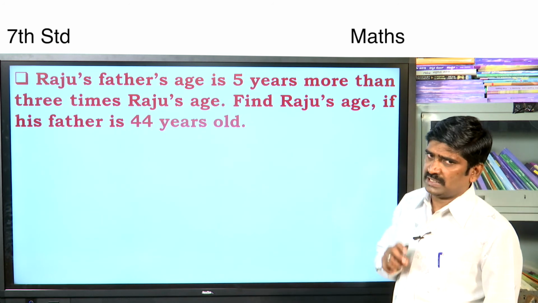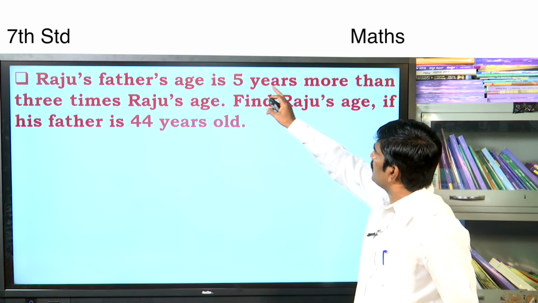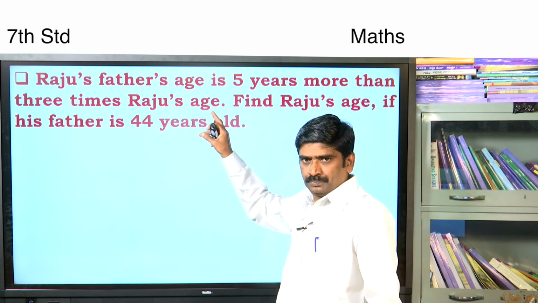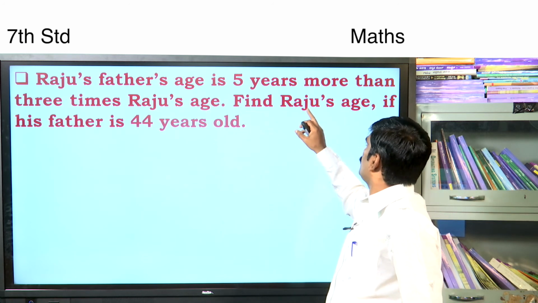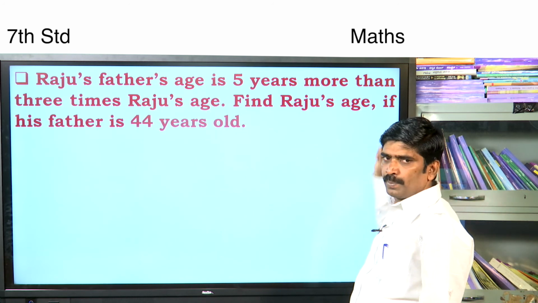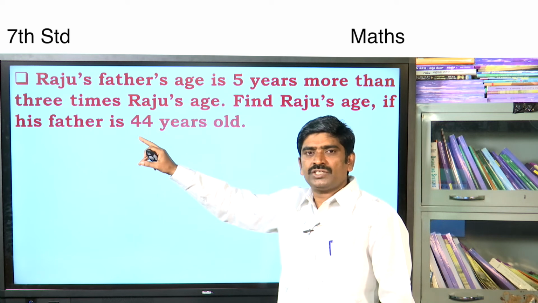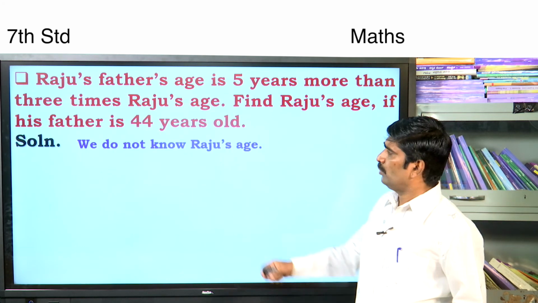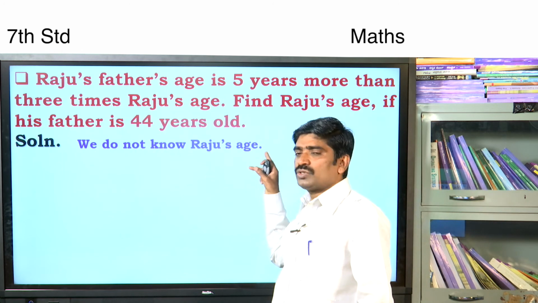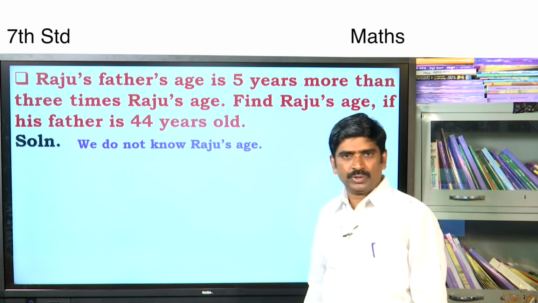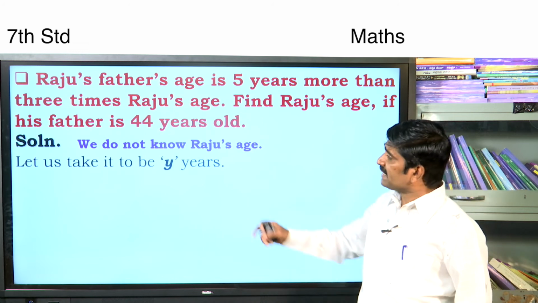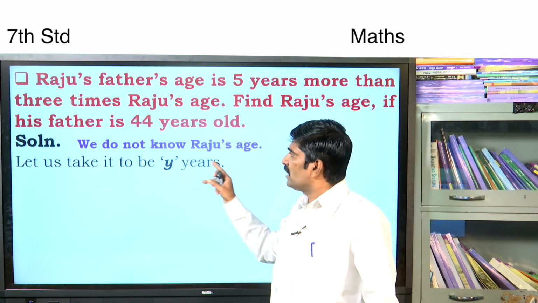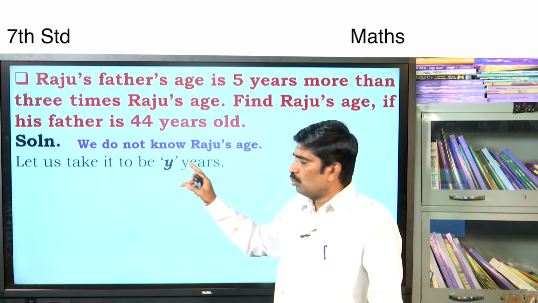Raju's father's age is 5 years more than 3 times Raju's age. Find Raju's age if his father's age is 44 years. Solution: we don't know Raju's age, and we need to find it. Let us take it to be y years. Raju's age is y years.